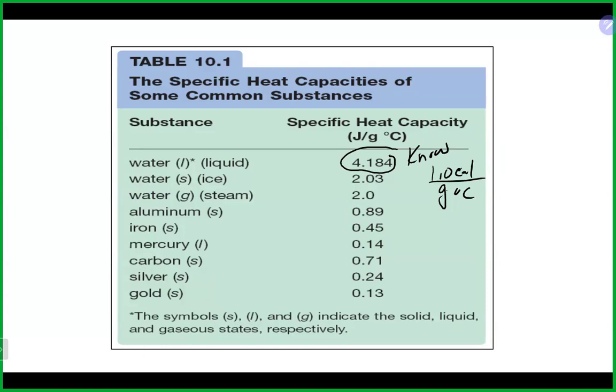If I have a large specific heat capacity, will it take less or more energy to change the temperature by 1 degree Celsius? It would take more, right? So the larger the specific heat capacity, the more energy you have to put in there to see that 1 degree change in temperature. The smaller, like gold over here, for example, 0.13, you only got to put 0.13 joules per gram per degree Celsius to see the temperature change by a degree Celsius.